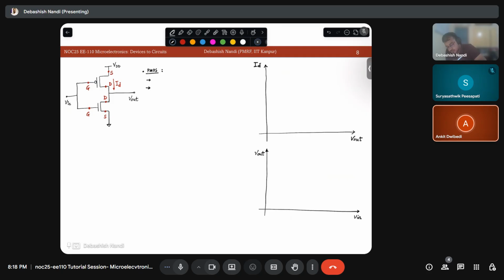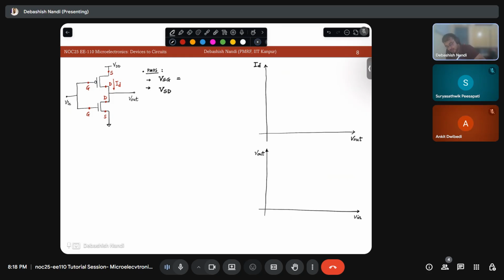VDS and VGS. No, it is PMOS, right? We need to know VSG and VSD. That is the same thing if you consider the negative sign.